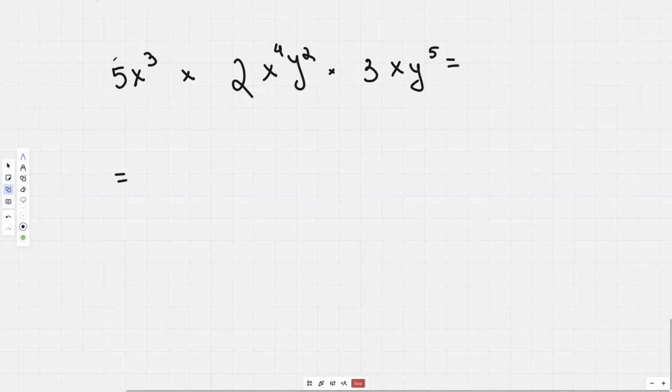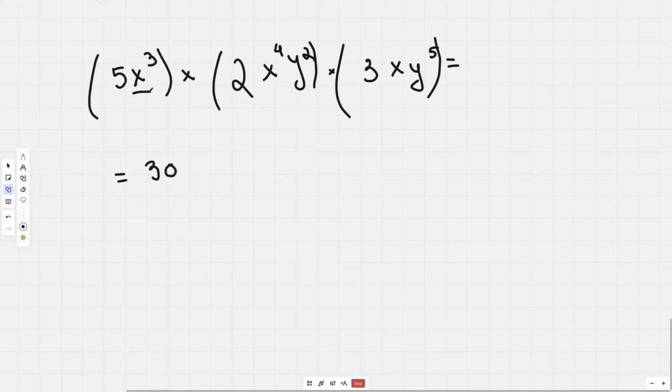So this one multiplied by this multiplied by this. Firstly, we have like terms in here, 5, 2, and 3, which means we have to multiply the constants firstly. 5 multiplied by 2 is equal to 10, and 10 times 3 is equal to 30.